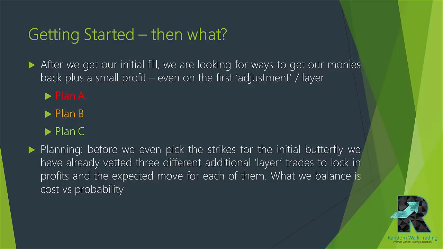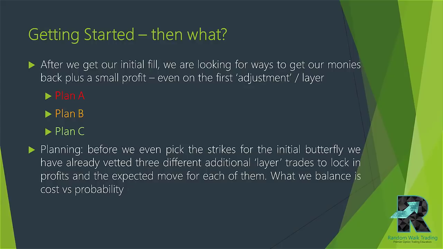We can plan for picking the initial strikes as far as what butterfly we want to use, and we've already vetted out the additional layer trades or adjustments to lock in profits based upon the expected move for each of them.